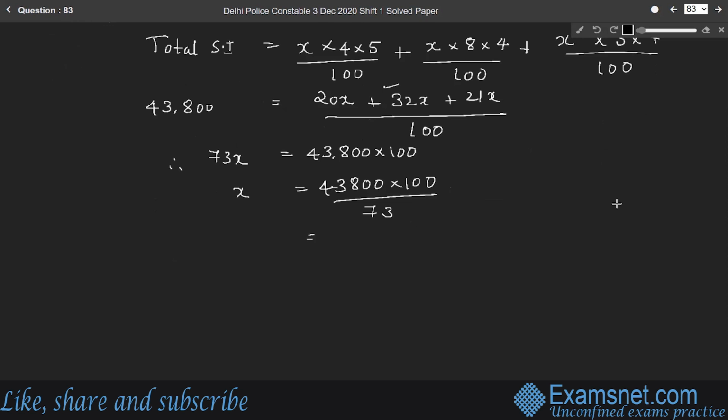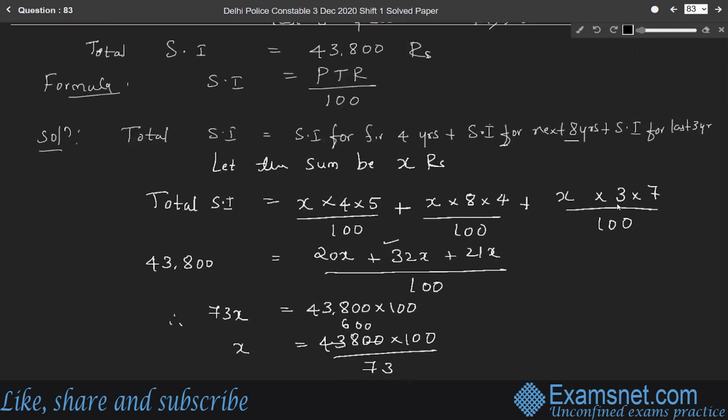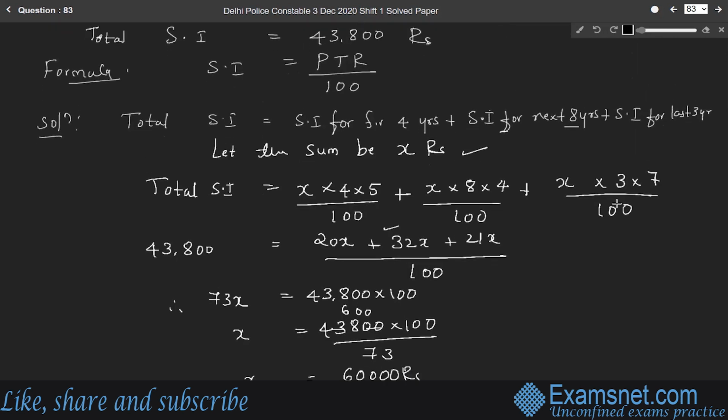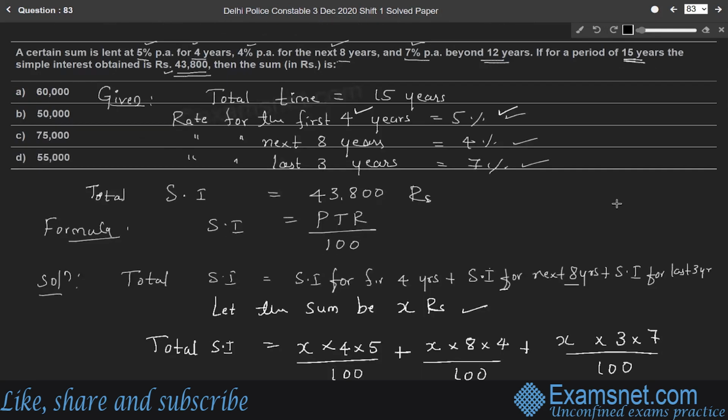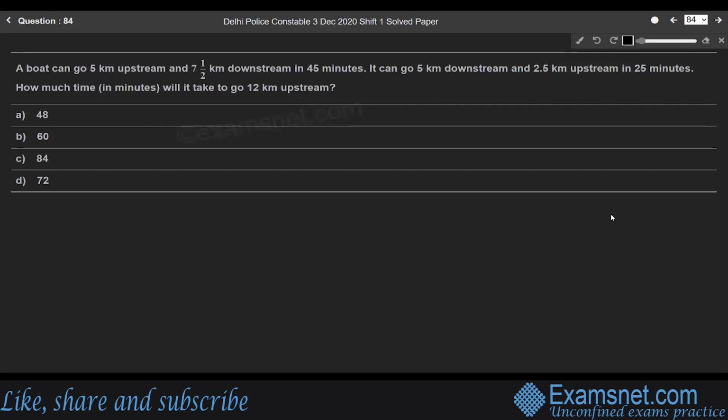So 73 into 6 is 438. So 600 into 100, which is 60,000 rupees. What is x? According to our assumption, let the sum be x rupees. Therefore, x is 60,000 rupees. Option A.